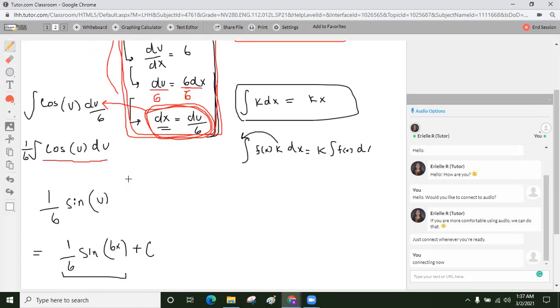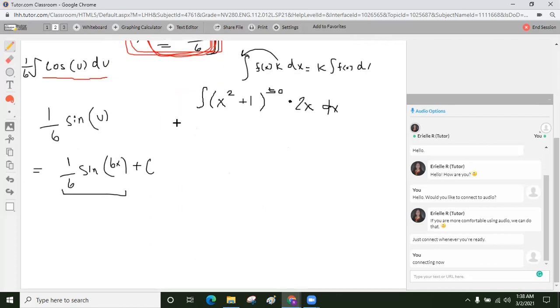Sure. Let's say you have to integrate (x squared plus 1), and then the whole thing is raised to 50, multiplied by 2x dx. So we do have a lot going on with this problem. We have a function inside another function, and then it is multiplied by another term, 2x.